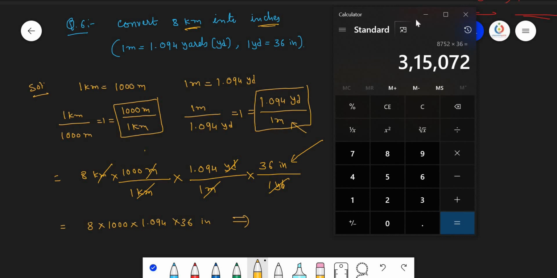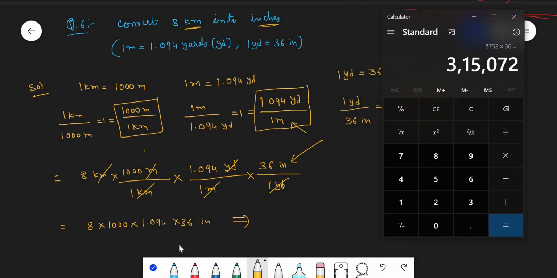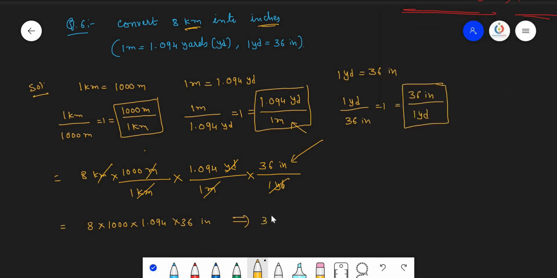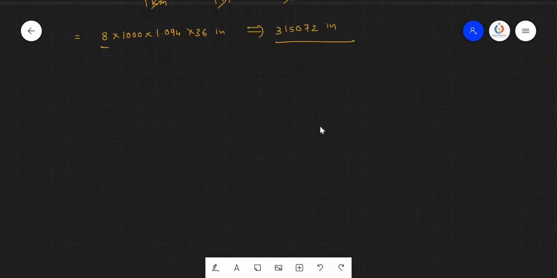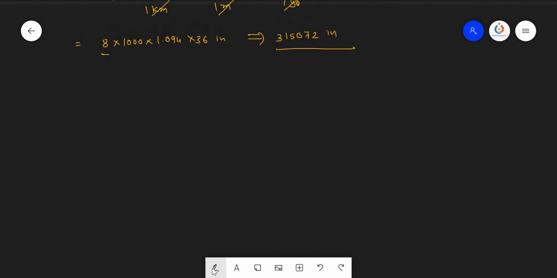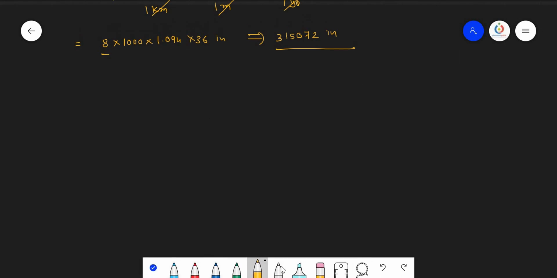So totally this is the value, 315072 inches. 8 kilometers equals this many inches. So dear students, hope you understand. If any confusion is there, once again revise the video and try to understand the concept.